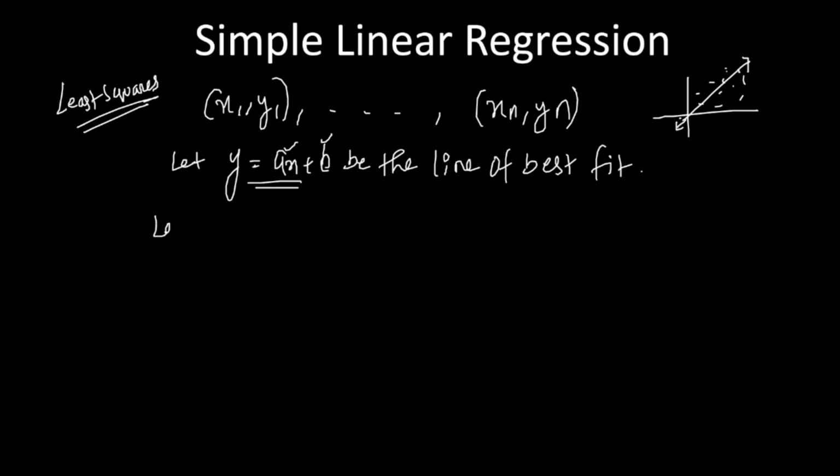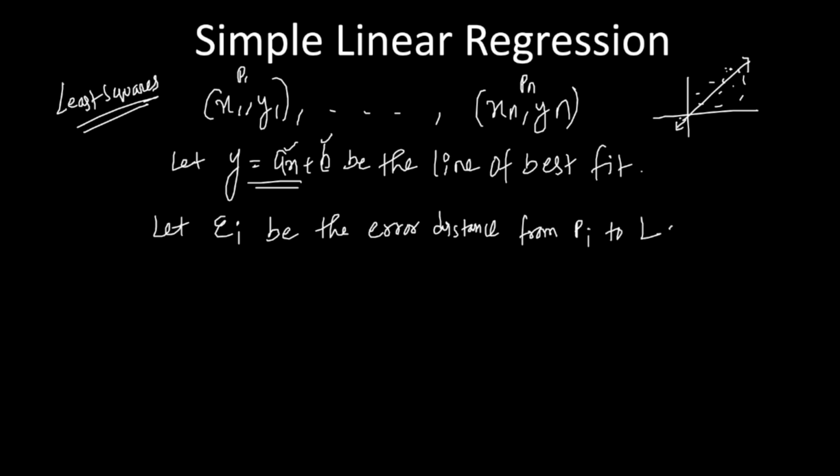So let epsilon i be the error distance from, let's say these points are also called P1 all the way up to Pn. So the error from Pi to the line L. Let this line be called L. Okay, so what should epsilon i be?